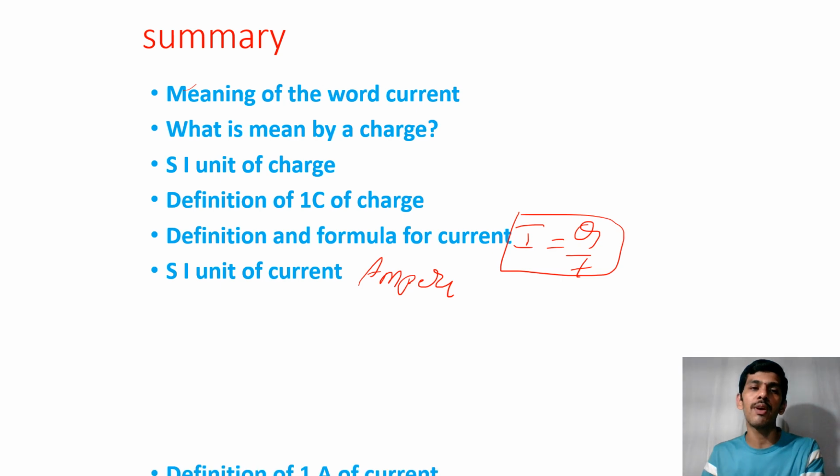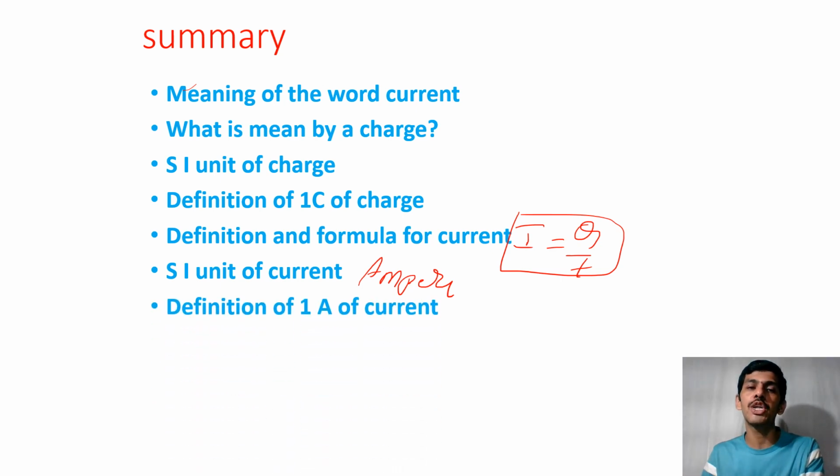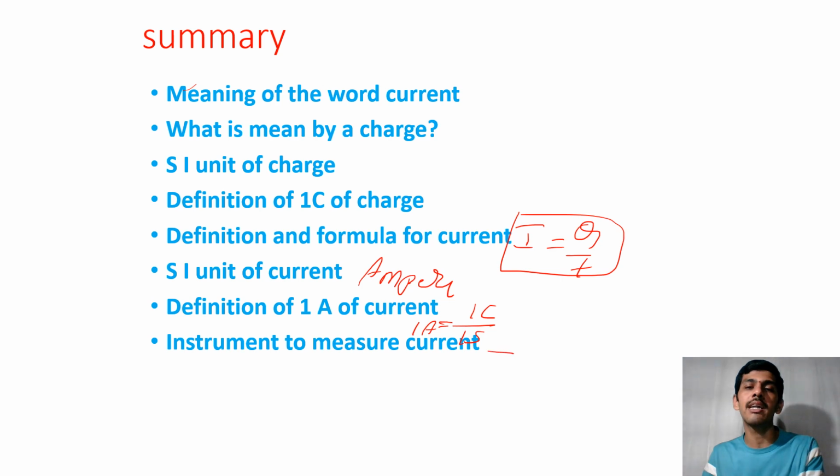Next concept we have discussed is the definition of 1 ampere. It is a current constituted by the flow of 1 coulomb of charge in 1 second. Then it is called 1 ampere. Then the instrument used to measure current is called an ammeter. Ammeter is a device used to measure the current.